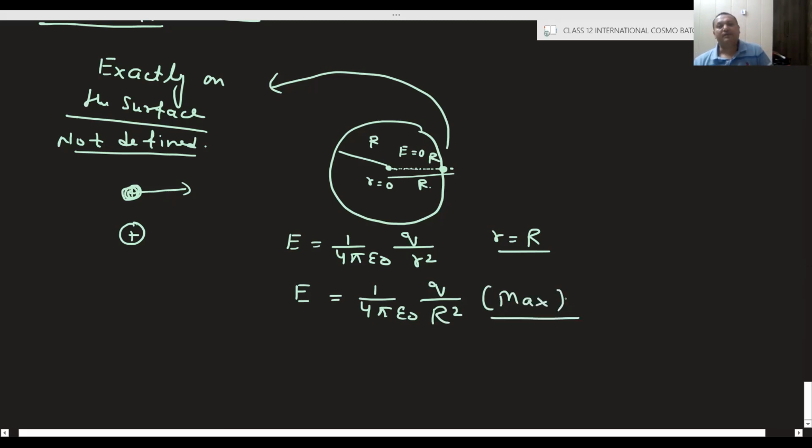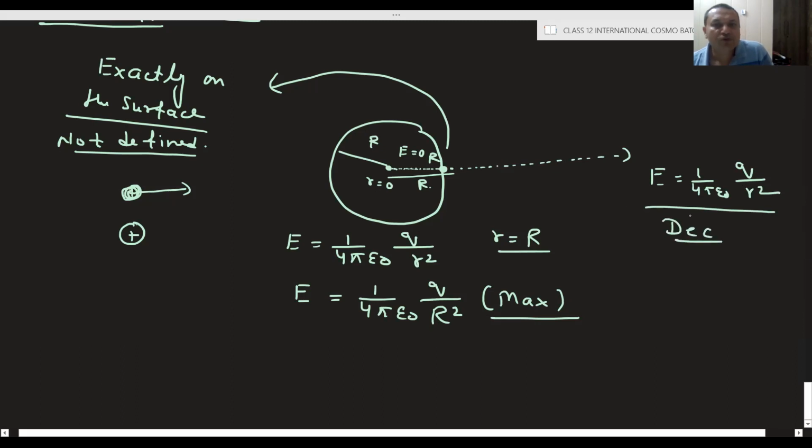As we move further, E equals 1 upon 4 pi epsilon naught q by r square, so the electric field will go on decreasing. From the center to the surface, electric field is minimum. On the point next to the surface, electric field is maximum, and after it, it will go on decreasing.